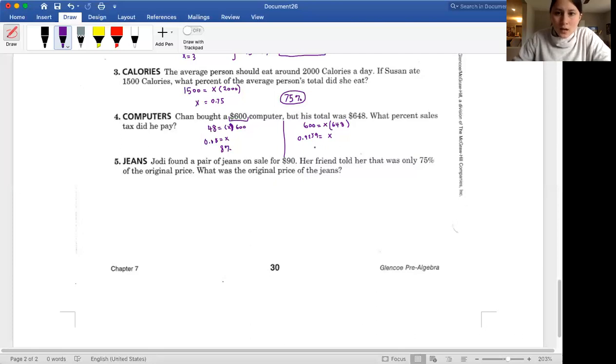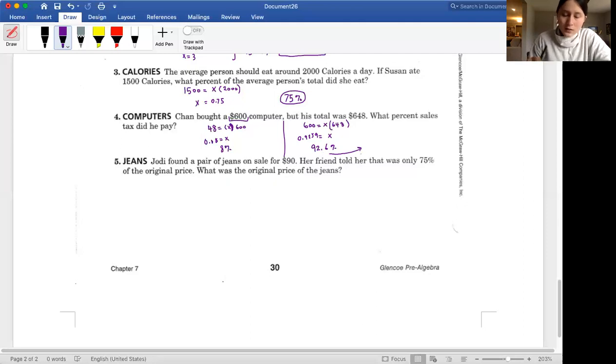So the cost of his computer out of the total that he's paying is about 92.6%, which means the rest of the cost that's remaining is the tax.